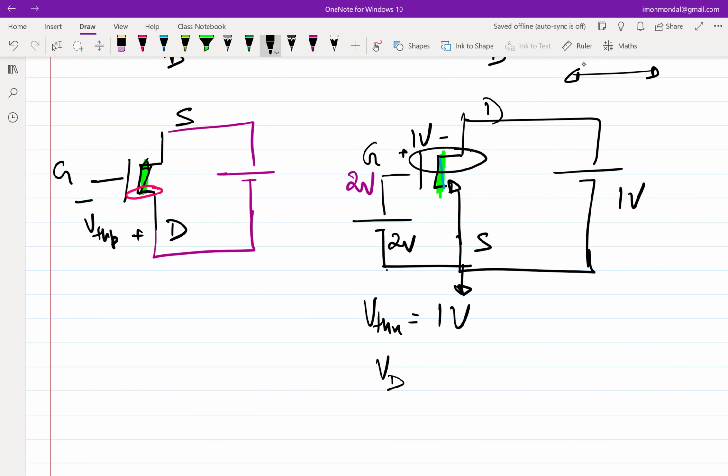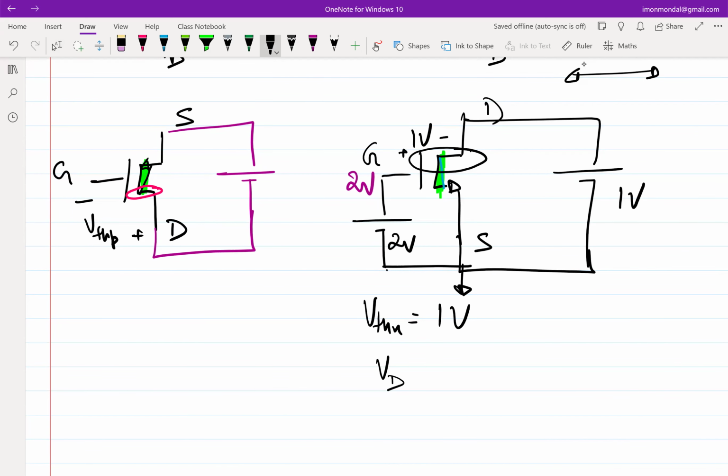Let me put it in this way. Saturation happens when VD is greater than VG minus threshold voltage, right? So if I keep on increasing the drain voltage beyond 1 volt, the transistor is in saturation, correct? If the drain voltage is lower than 1 volt, the transistor is in linear region, correct?